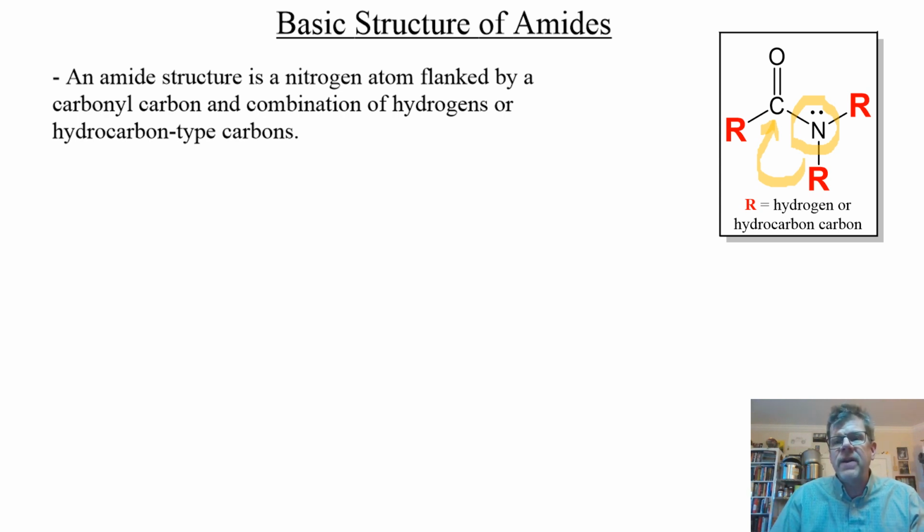It is a carbonyl carbon. A hydrocarbon type carbon is a carbon directly attached to only other carbons and other hydrogens. A carbonyl carbon is also attached to oxygen, and thus it makes it different. So an amide can always be recognized because it is adjacent to the carbon of a carbonyl. So that is the difference in structure between amides and amines.